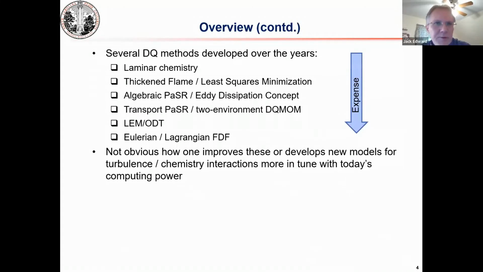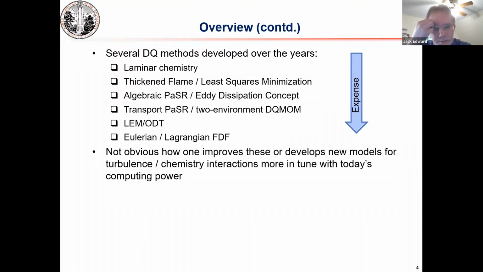And you could go through the history and you can see several direct quadrature methods developed. One is the very simplest thing. We call it laminar chemistry. We just evaluate the chemical source terms using the filtered mean data. You can go up a level to thickened flame models, and a model I'll discuss in a minute called least squares minimization. You can take the hierarchy even further and do an algebraic partially stirred reactor or eddy dissipation model. And then if you like to solve transport equations, you can go beyond that to transport versions of PaSR or DQMOM.